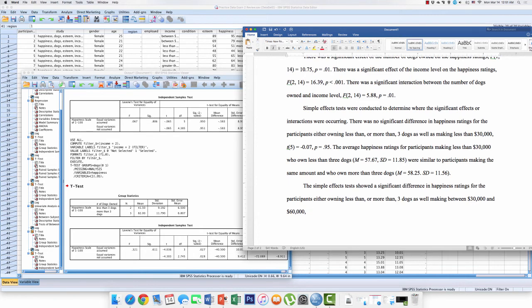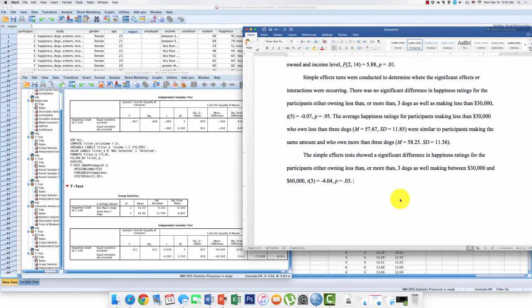So, oops, not F. I meant to put T. The degrees of freedom this time is 3. We have our t value is negative 4.04. Our p value is equal to 0.03. So we've got that reported.